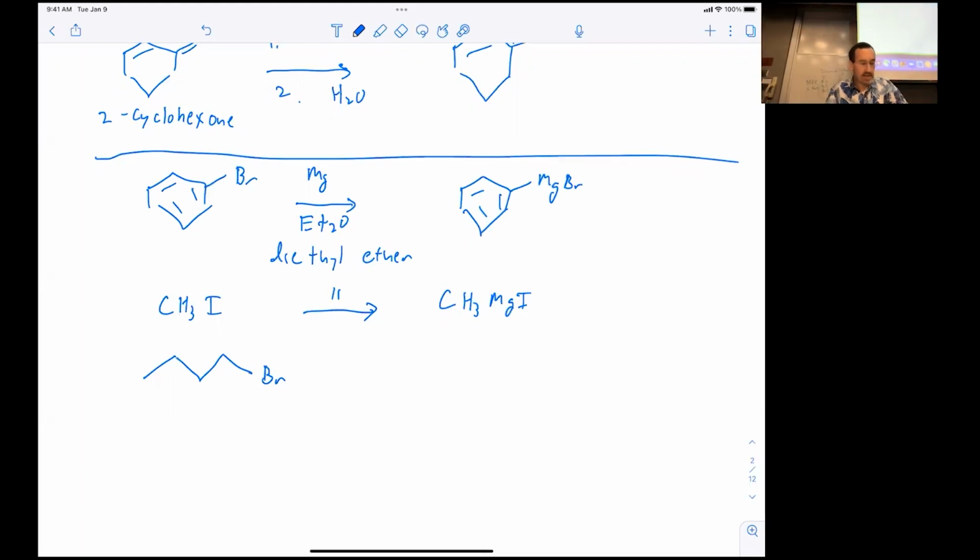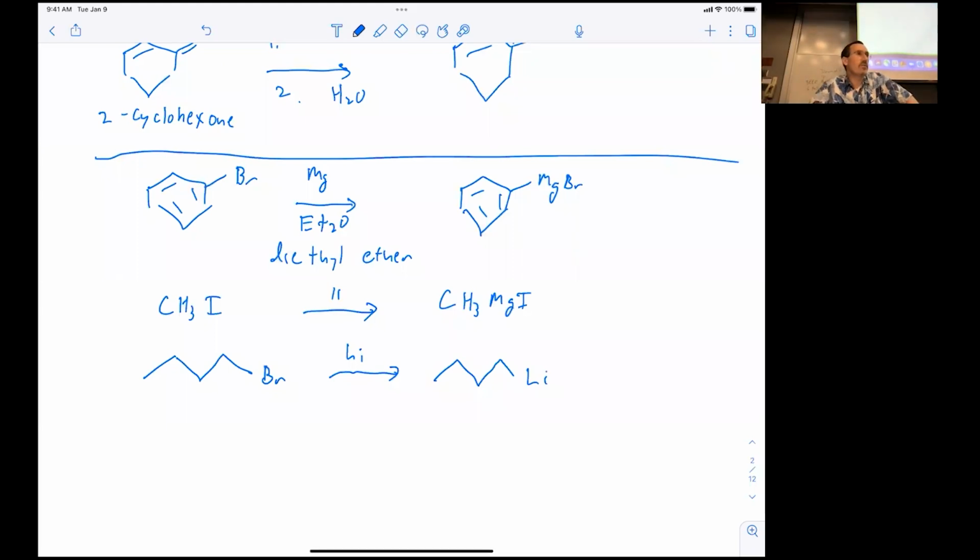You would take, say, butyl bromide, and you would treat it with lithium metal. And in the case of organolithium compounds, one of the quirks of them is they don't require an ether solvent. You can generate an organolithium compound in ether, but you can also generate it in hexane or other hydrocarbon solvents.